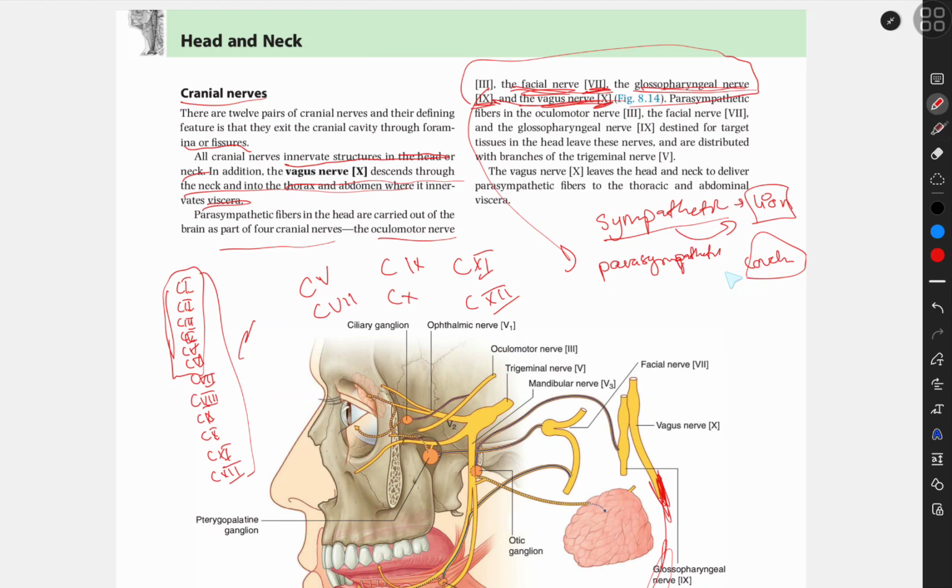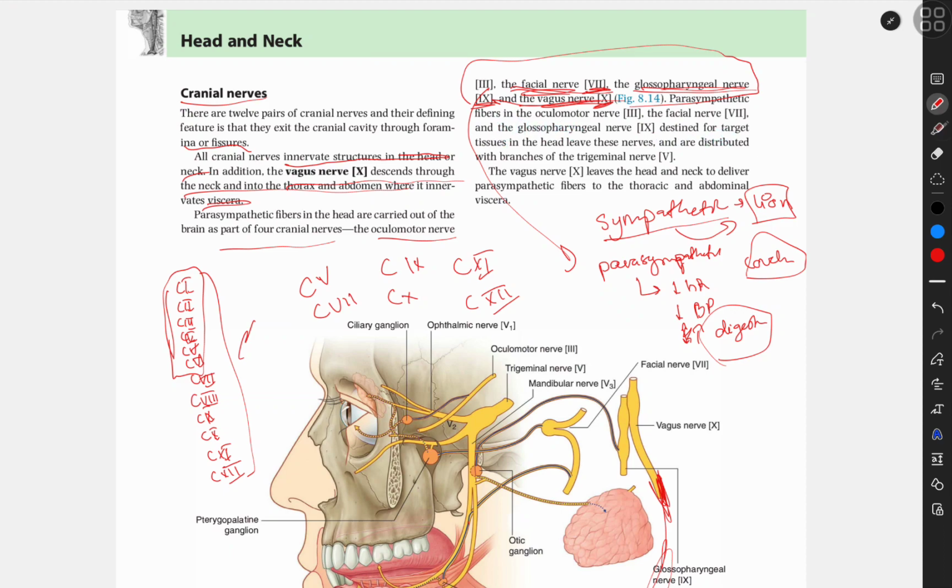Parasympathetic lowers your heart rate, lowers your blood pressure, increases your digestion, and so on. So it makes sense that the vagus goes to the stomach to innervate it, but also gives other branches.